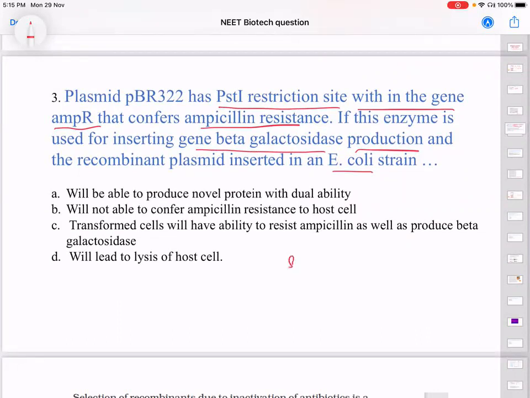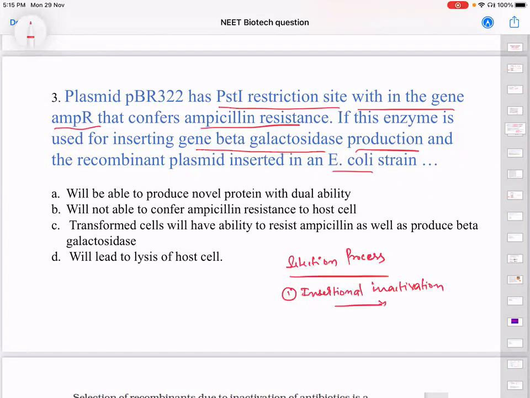So in the selection process, one way to select the transformed recombinant cell is insertional inactivation.